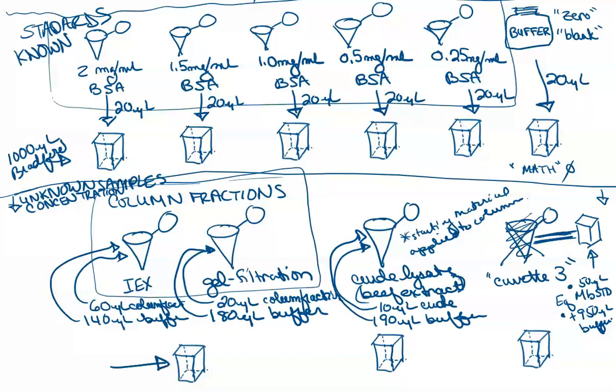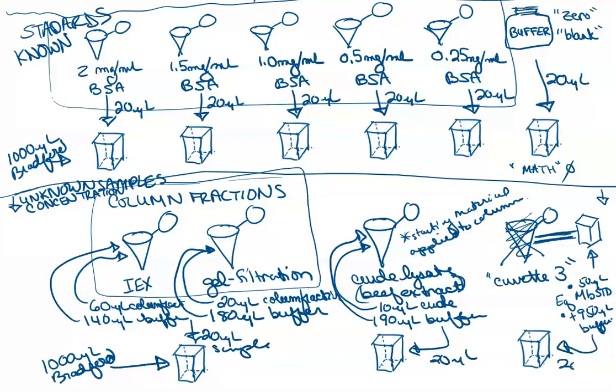Now, we processed these unknown samples identically to how we process the standard curve points. So to each of these 3 cuvettes here, we added 1,000 microliters of Bradford reagent. And then we added in 20 microliters of sample.